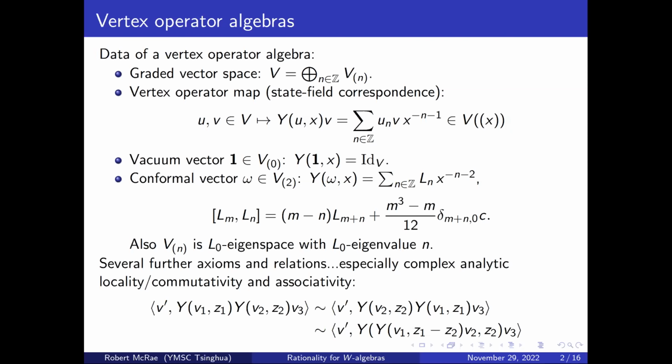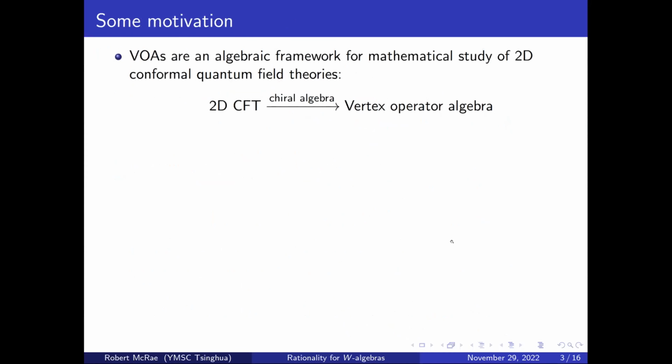So this is roughly what a vertex operator algebra is, and some motivation for these kinds of structures. I guess maybe the main motivation these days is that vertex operator algebras are an algebraic approach to studying two-dimensional conformal quantum field theories. So the so-called chiral algebra of a 2D CFT is a vertex operator algebra, essentially.